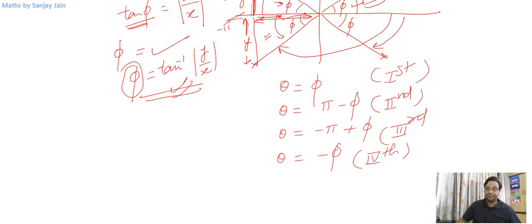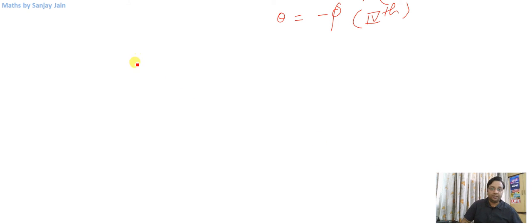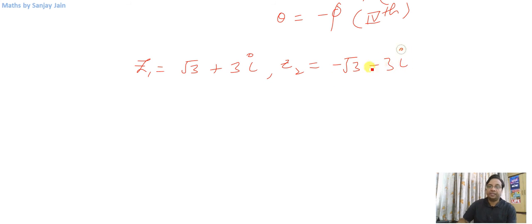What I mean is, let me give you a concrete example. For example, I took my complex number to be root 3 plus 3 iota, and let us say this is z1. When I take z2 as minus root 3 minus 3 iota, let us talk about these two varieties first of all.